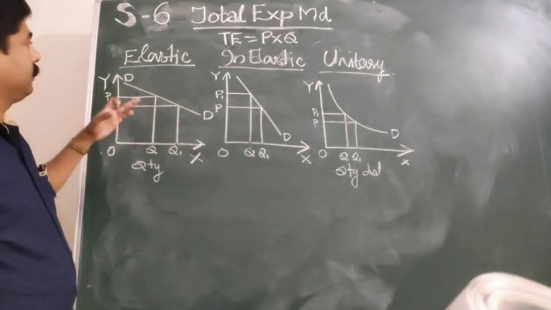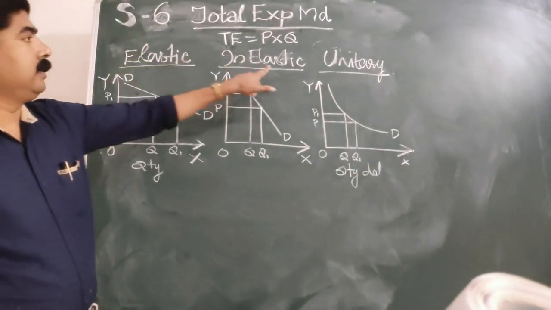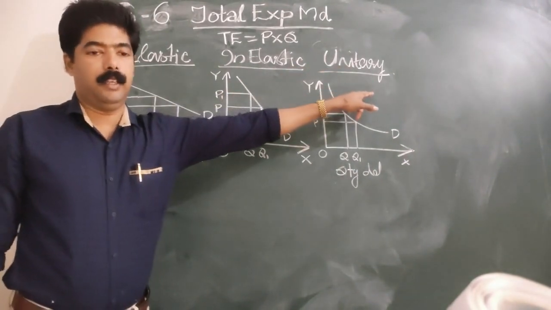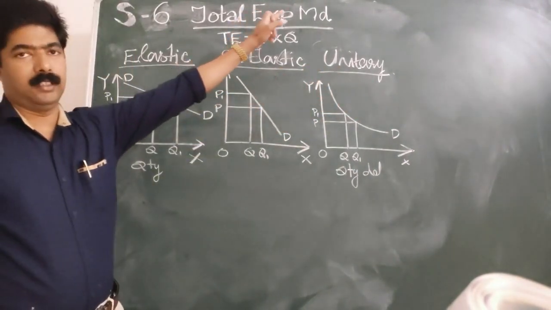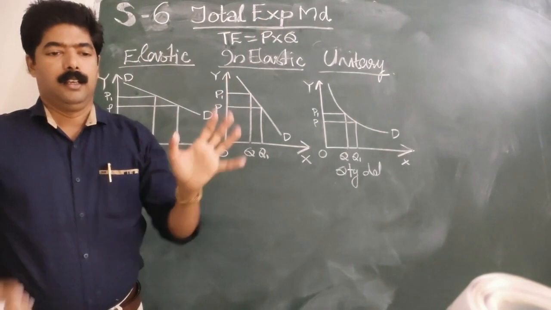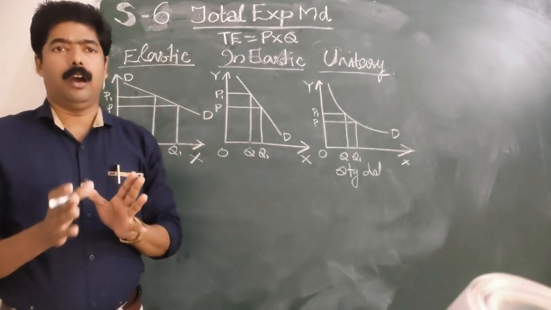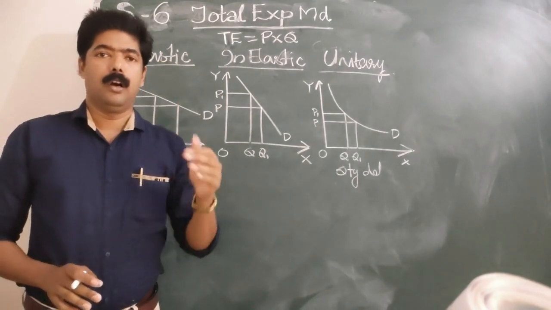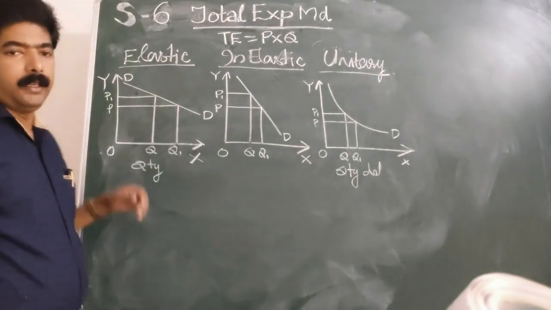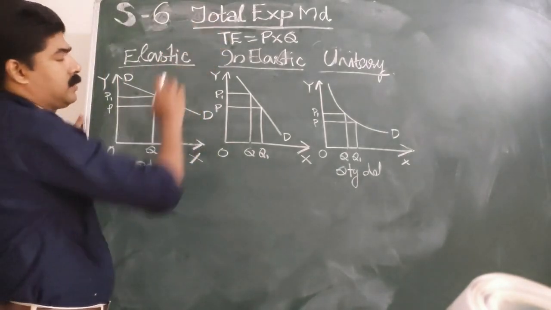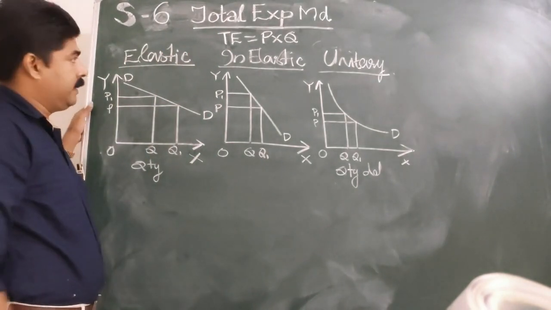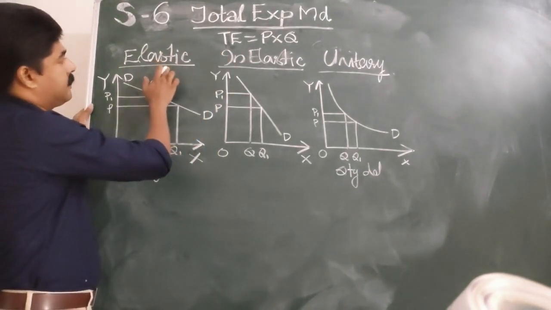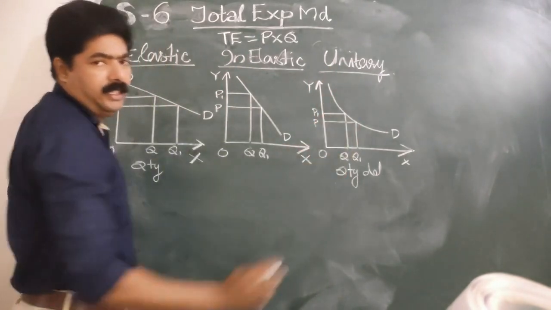All these three diagrams: elastic, inelastic, unitary. Total expenditure is the total outlay by a household on the purchase of a commodity. According to this method, we can categorize three types of elasticities: elastic, inelastic, unitary.